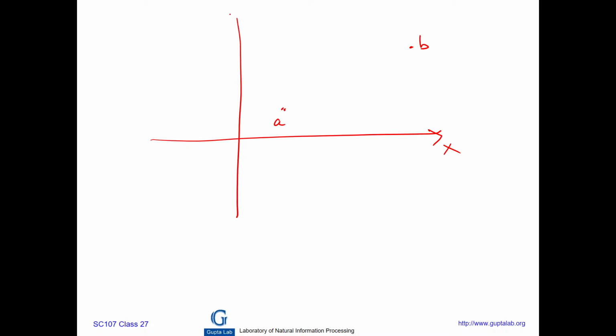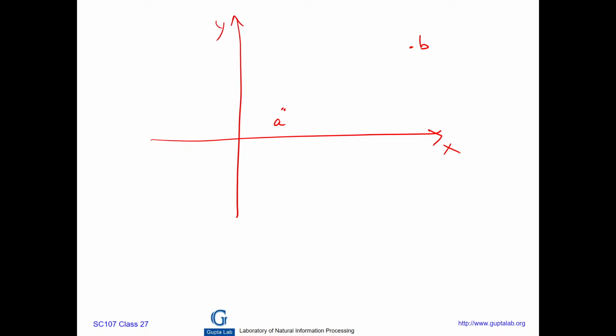First of all, the complex line integral. We take a point A here and a point B here. Say this is the x-axis and this is the y-axis.